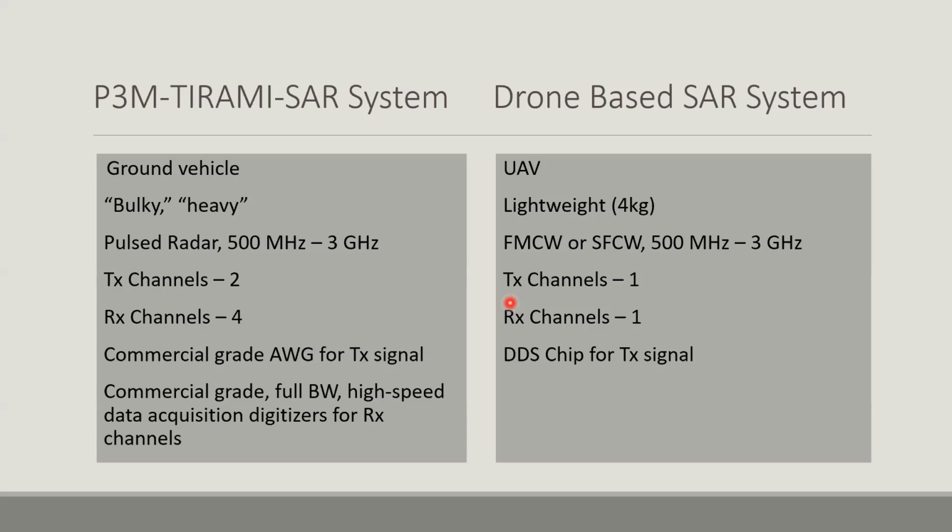And I'll talk a little bit more about that signal and those signals in the next slides. Also, a DDS chip is used for the transmit signal rather than a commercial grade waveform generator in the existing system, and that DDS is a direct digital synthesis chip. And overall, the output power for our drone-based system is about 250 milliwatts, which is good for an operational distance of about 15 feet.